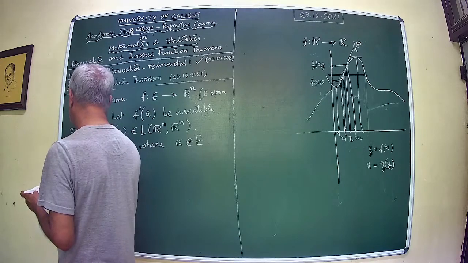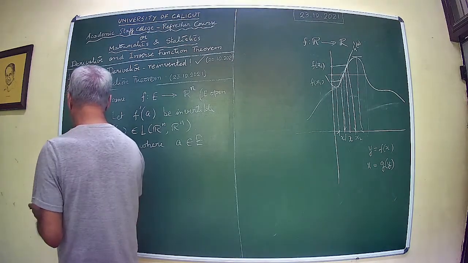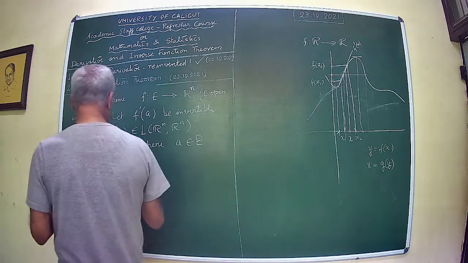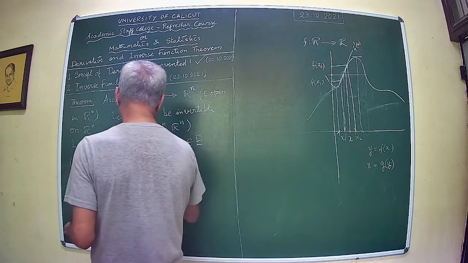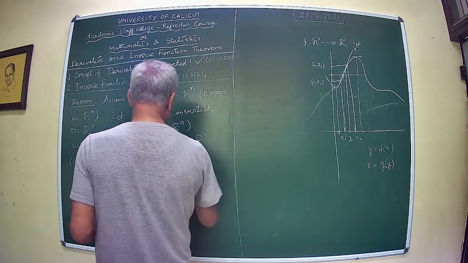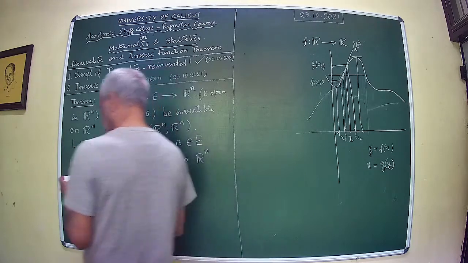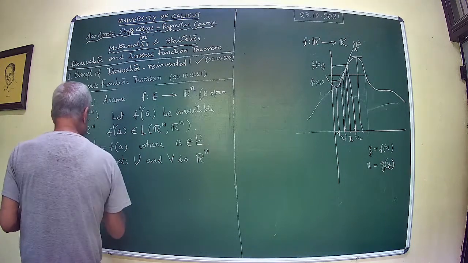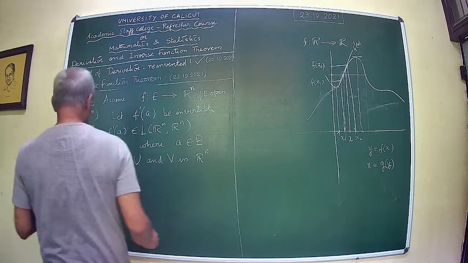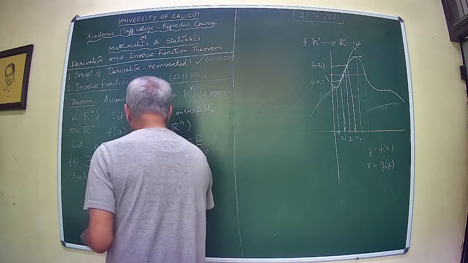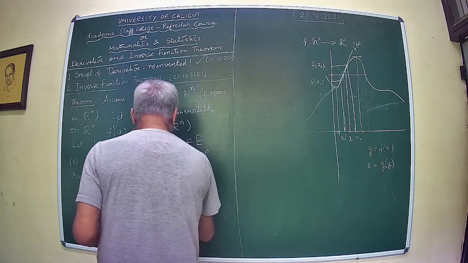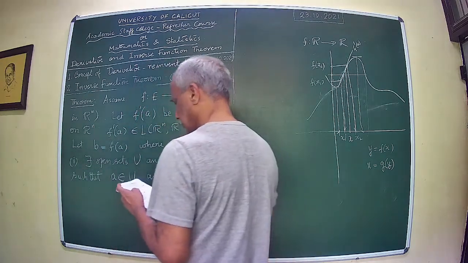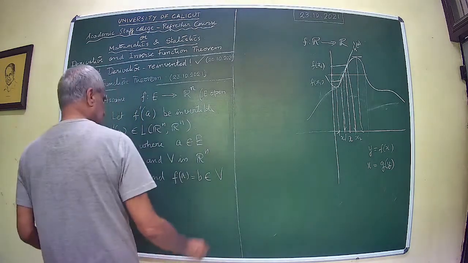There exist open sets U and V in Rn such that A is an element of U and f(A), which is equal to B, is an element of V. This is the first assertion.